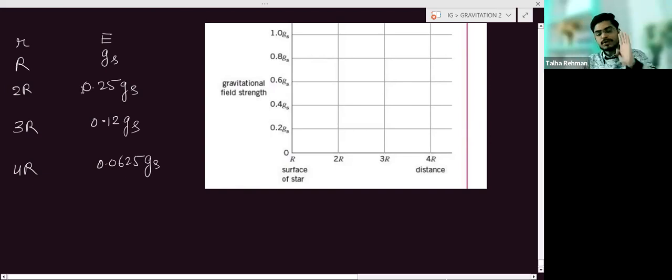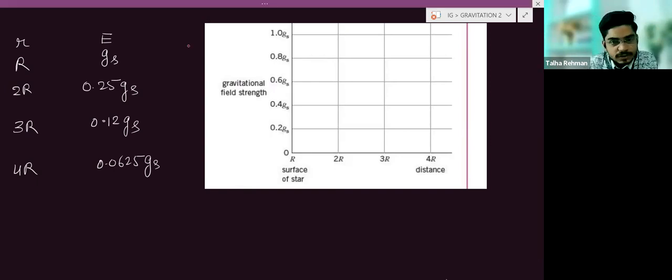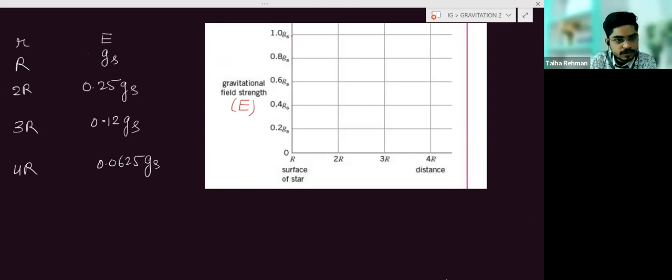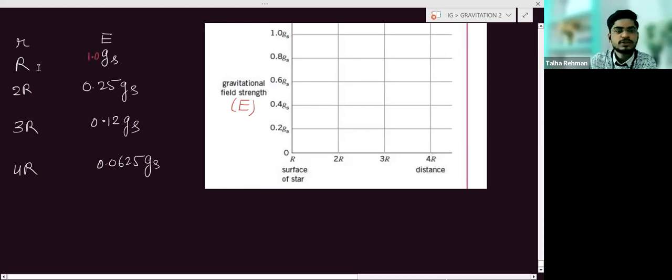But to find the points and to understand what is happening is important. So now we have these points. At a distance r, what is the value of E? This is the gravitational field strength E. At value r, the value is 1.0 gs.